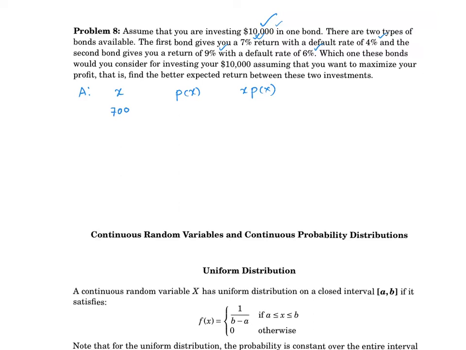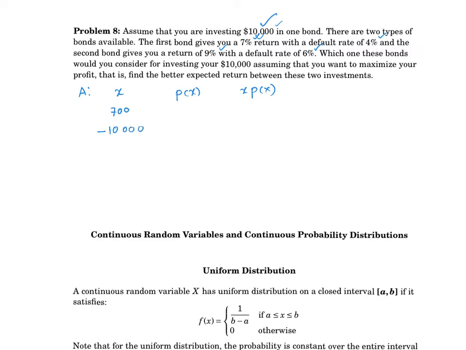Okay, that's one option. But at the end of the year, you either get $700, or if the bond issuer goes underwater, meaning they go out of business or declare Chapter 11, in that case, if they declare bankruptcy, you lose all of your $10,000. So your other option is to lose all $10,000.